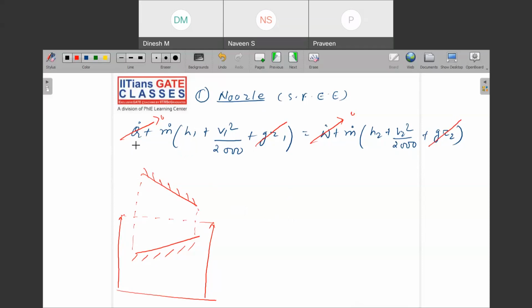But if they have not mentioned it, these are standard terms, and you will automatically assume that if it is not given, then it is 0 only. Okay. So now can you see that your equation has been reduced to m dot into h1 plus v1 square by 2000 is equal to m dot into h2 plus v2 square by 2000.